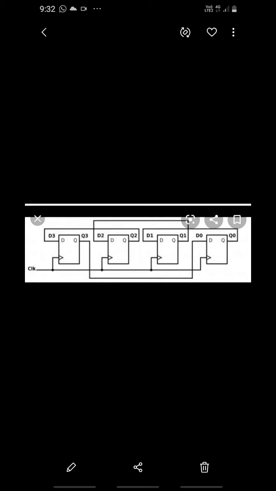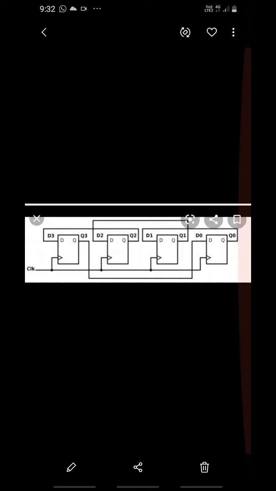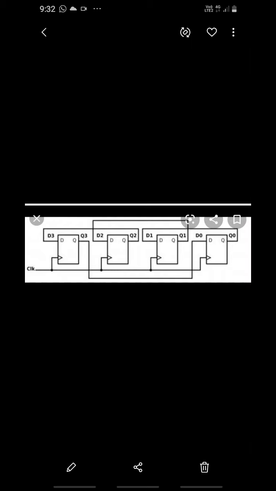Next, with the four stages, that is four flip-flops, the register can store up to 4 bits of data.